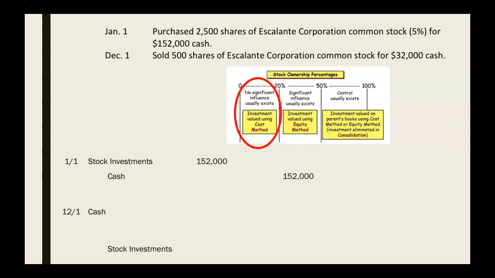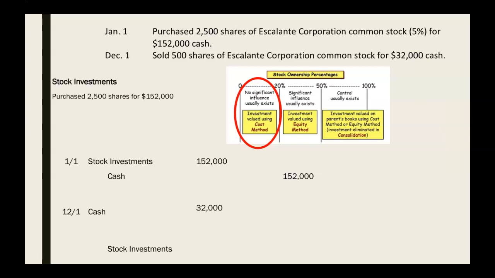We're selling 500 of these shares that we purchased at the start of the year. So we have to credit our stock investments to show that that account decreases. Cash is $32,000. That's the amount of cash that we got when we sold this stock. Stock investments is not just going to be $32,000.